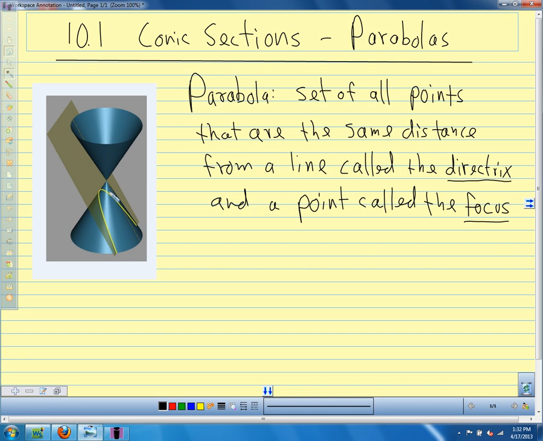What this means is, if I draw a picture of a parabola here, so just a little sketch. We know that a parabola is kind of a U shape. So here's my x and my y axis. We'll do a simple parabola. And here's my parabola. So we know that that's what a graph looks like. We have a point inside the parabola called the focus.